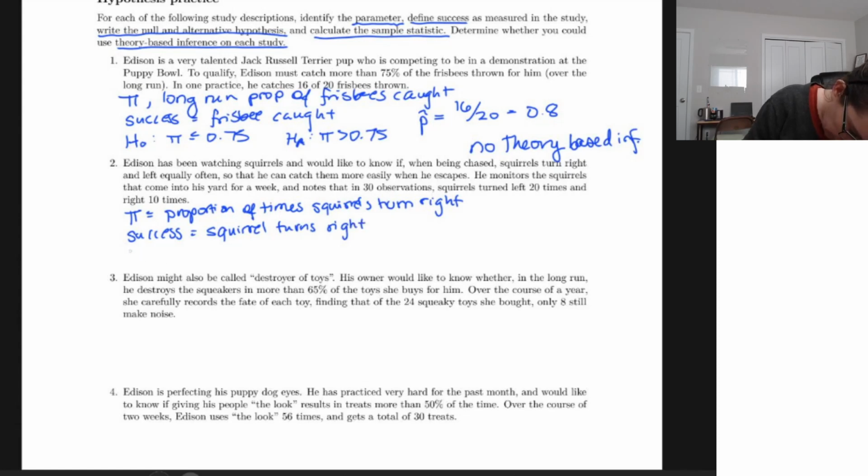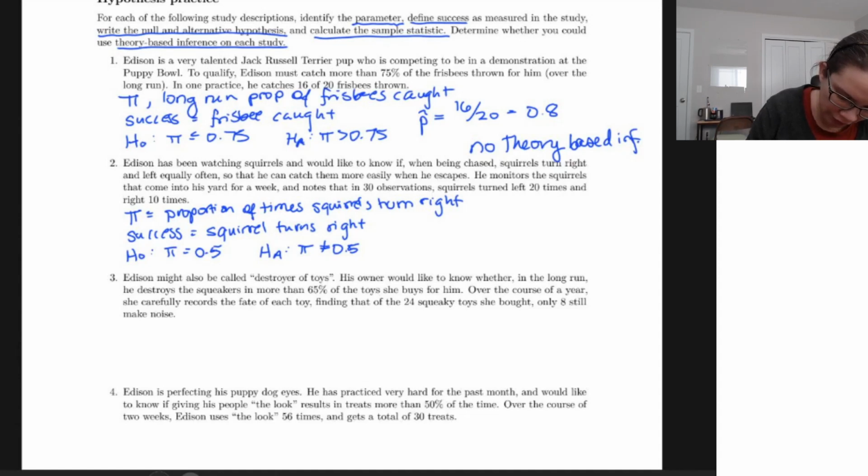Okay, null hypothesis, pi equals 0.5. HA is pi is not equal to 0.5, right? Because he doesn't care if they turn left more or less than they turn right.